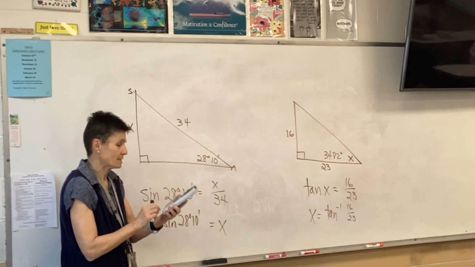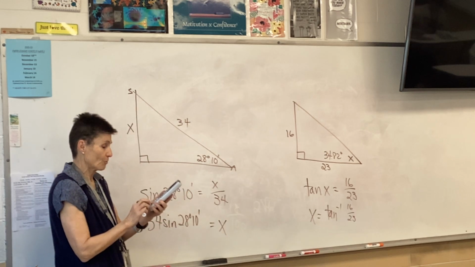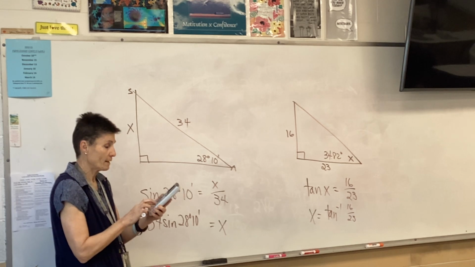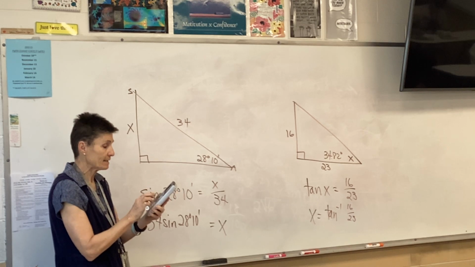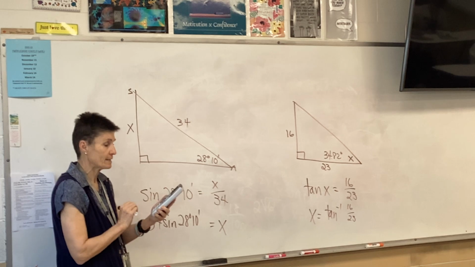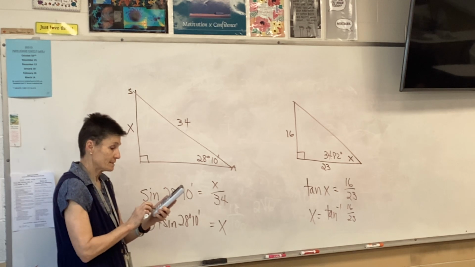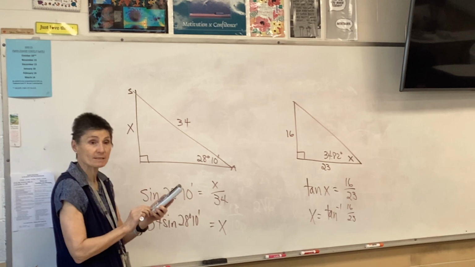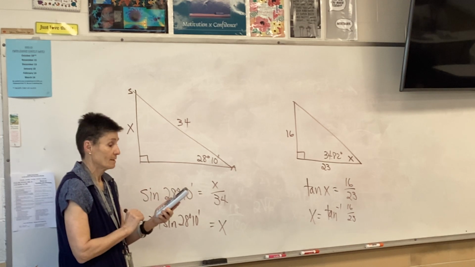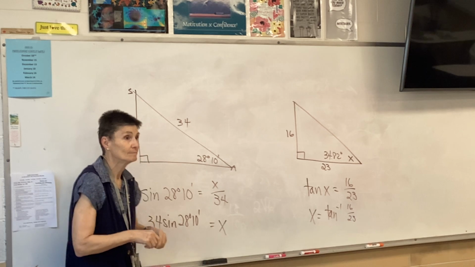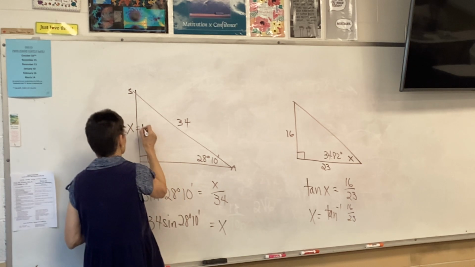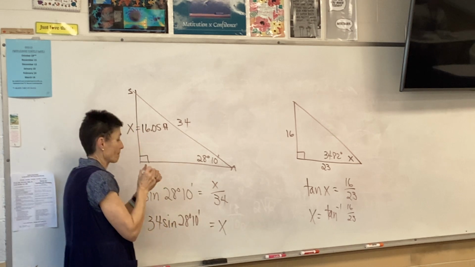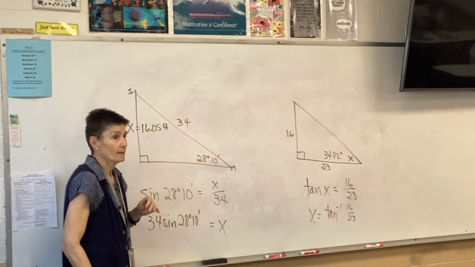Let's refresh our memories how we type this in. 34 sine 28, second angle for degrees, 10, second angle for minutes. 16.05. Anybody else get that?